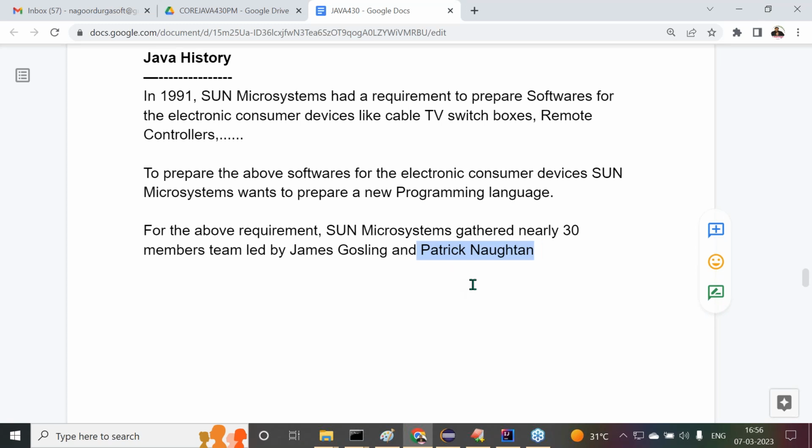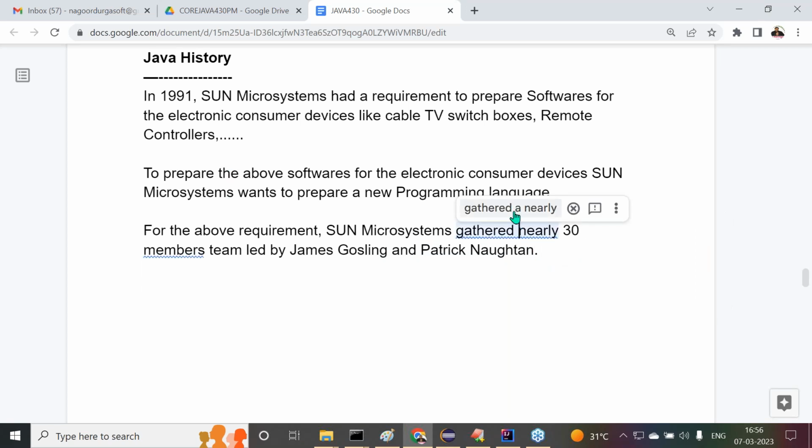Finally, for this particular requirement, Sun Microsystems formed a team of 30 engineers led by James Gosling and Patrick Naughton.